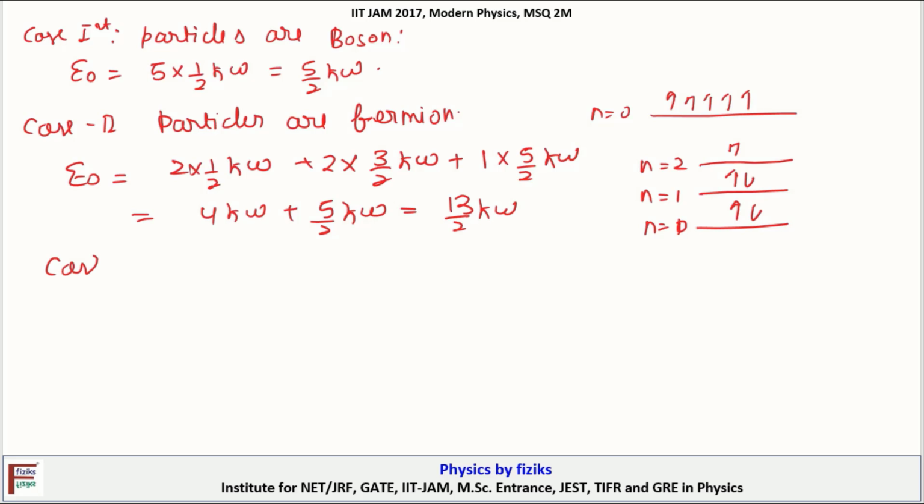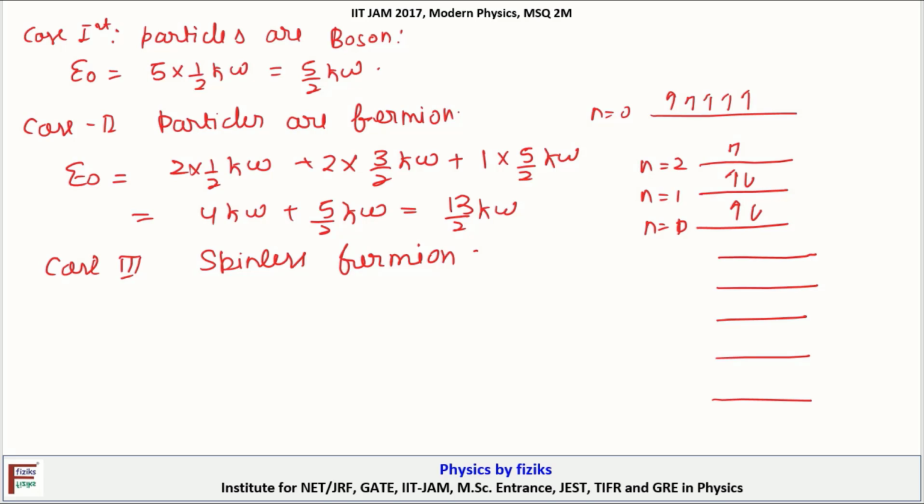Case 3, spinless fermions. Spinless fermions are those particles which occupy one particle in one state only, that is n equal to 0, 1 particle; n equal to 1, 1 particle; n equal to 2, 1 particle; n equal to 3, 1 particle; and n equal to 4, 1 particle.